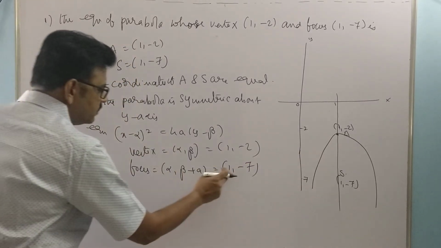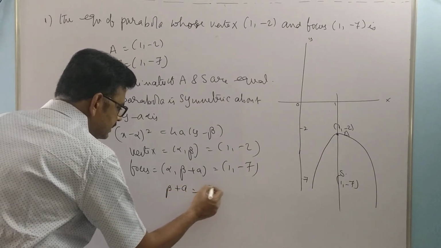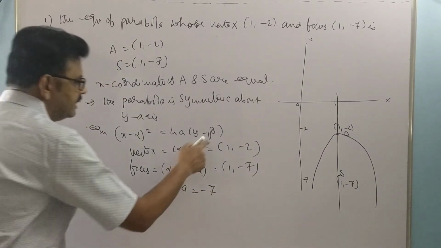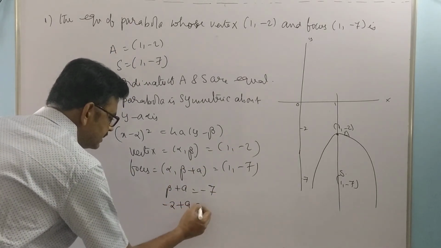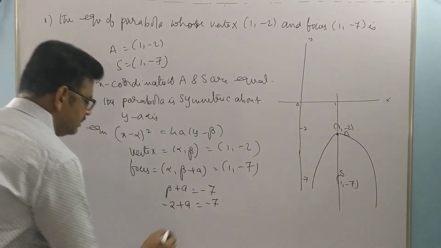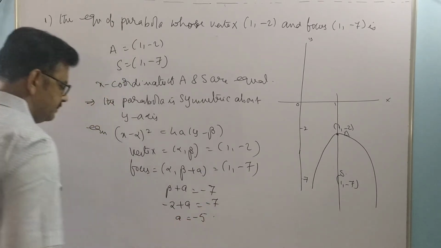So alpha is equal to 1, beta plus a is equal to -7. Beta is -2, so -2 plus a equals -7. Therefore, a is equal to -5.